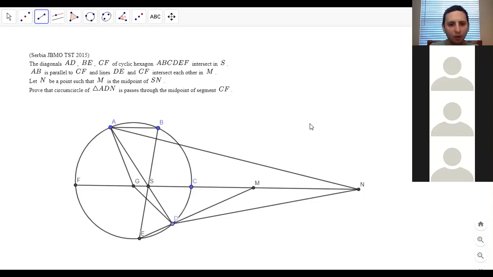We need triangles MSD and MES to be similar, and we can use an angle chase. This angle ESD is half the sum of these two arcs, and angle SME is half the difference of FE and CD, and so that probably solves it.